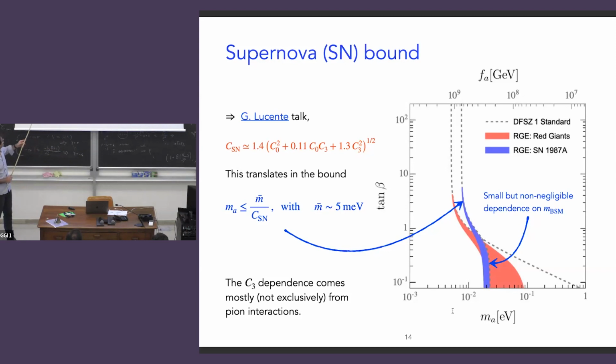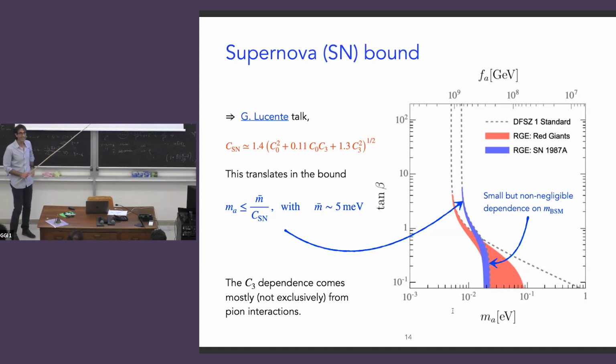The axion is produced in a supernova with this kind of effective coupling. And this depends on C0, which we know is not corrected, and then on C3, which instead is corrected. And so we get that the supernova bound is this. Obviously, at large tan beta nothing changes, but at low tan beta it gets a little bigger.